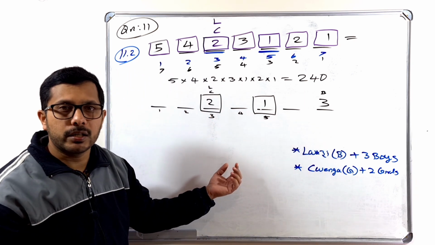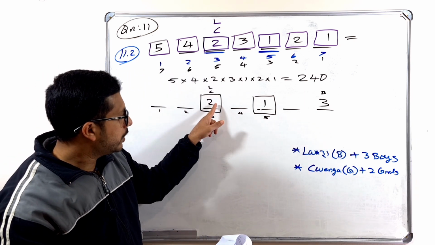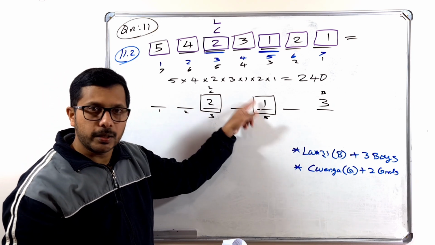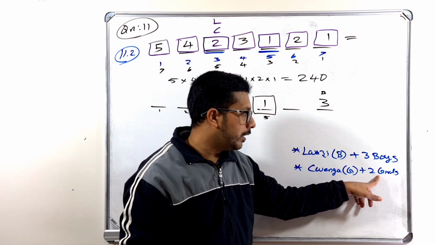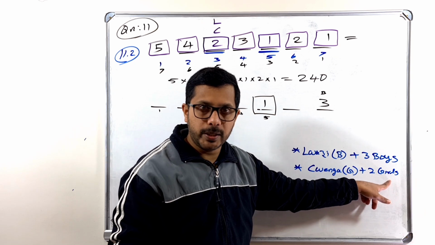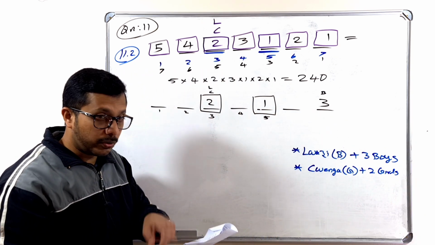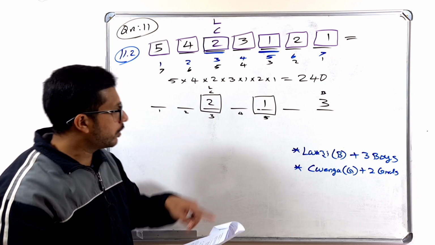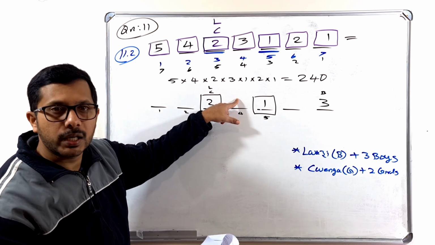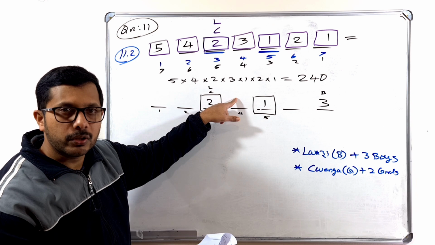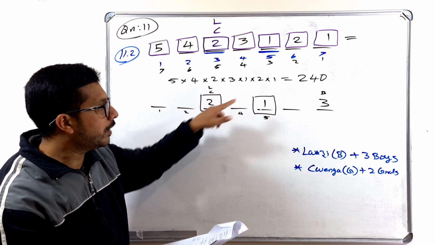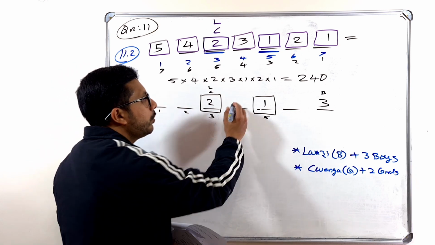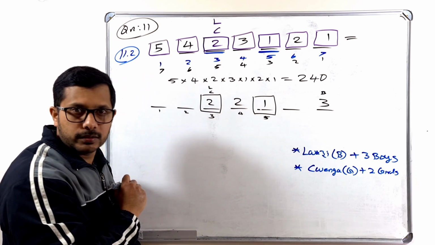She is the head, so she must sit either here or here. Now, how many girls remaining? Only 2 girls remaining. Only a girl can sit on the fourth seat. So how many options do I have? 2 girls remaining. That means any one of those 2 girls can sit here. That means I have 2 options here.